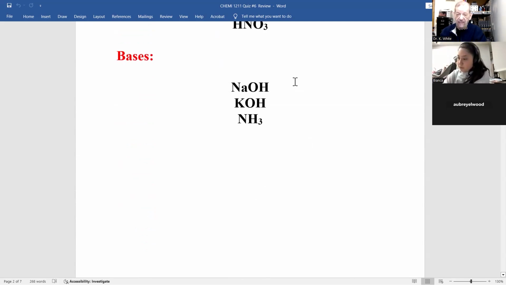That's the old name. If you ever heard the term lye soap, fat was reacted with water and sodium hydroxide to make that soap. And that's why they call it lye soap. And KOH is potassium hydroxide, that's a base. Remember, a proton acceptor. And NH3 is ammonia, and that's a base.